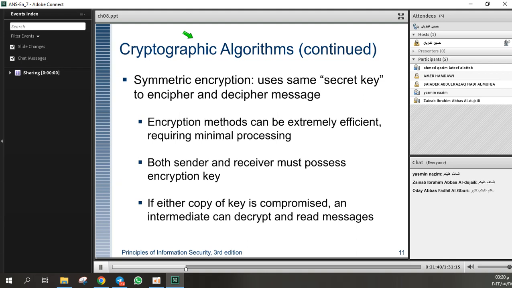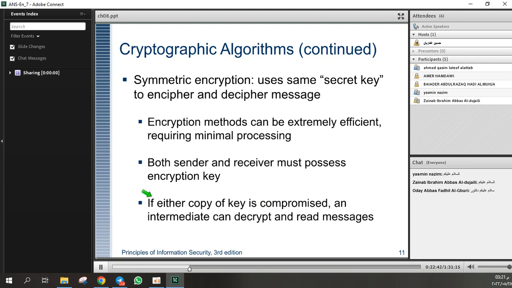But what is the disadvantage of this method? The problem is that if one of them, the sender or receiver, compromises the key by mistake, then the intruder or attacker can decrypt the messages and read them, or even handle them.